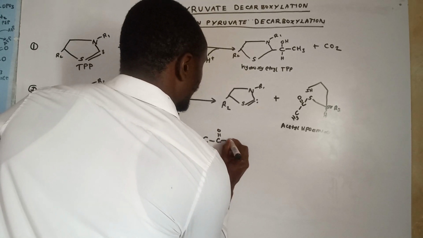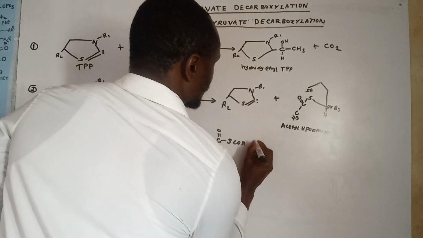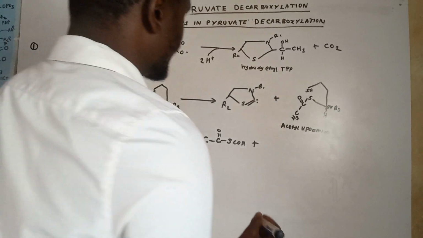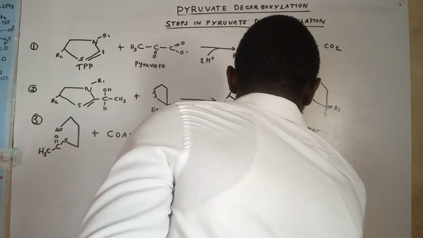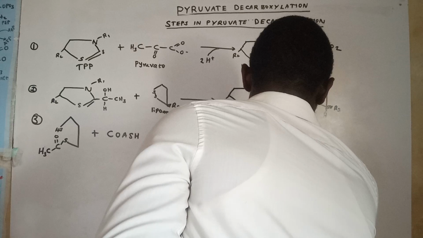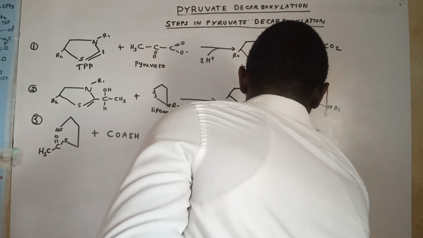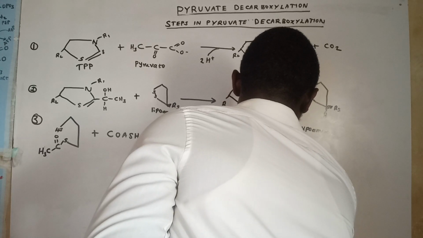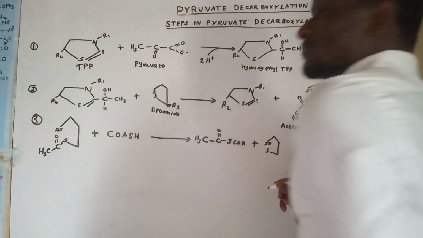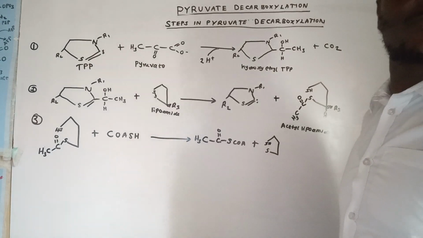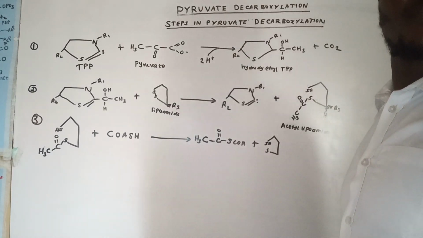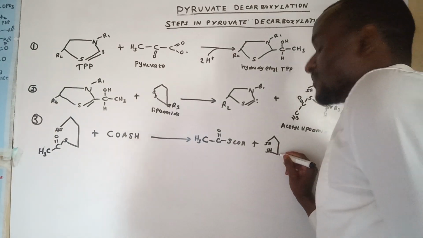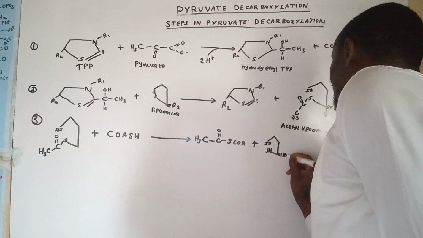This is our acetyl-CoA plus our dihydrolipoamide. So that is basically what happens, this being our R3.